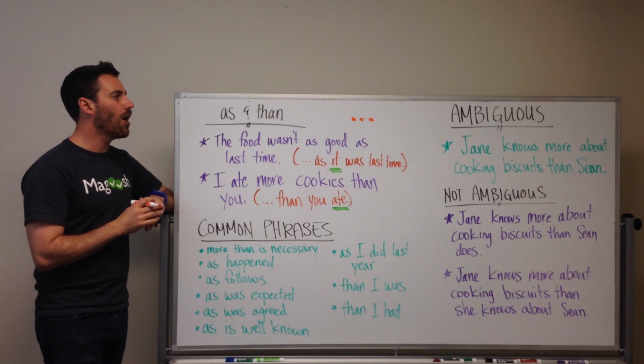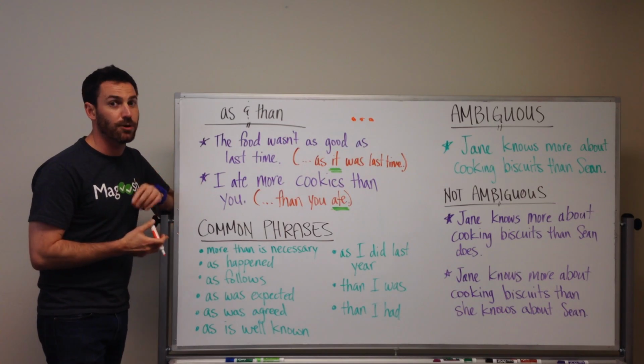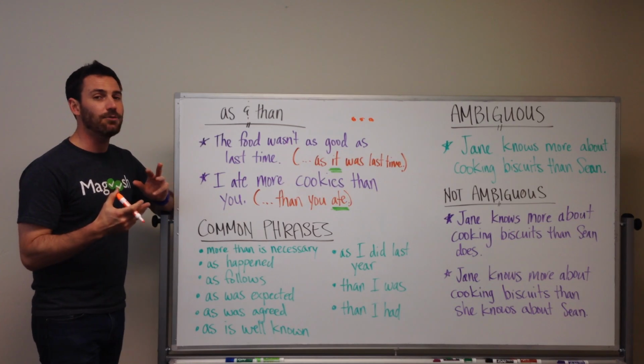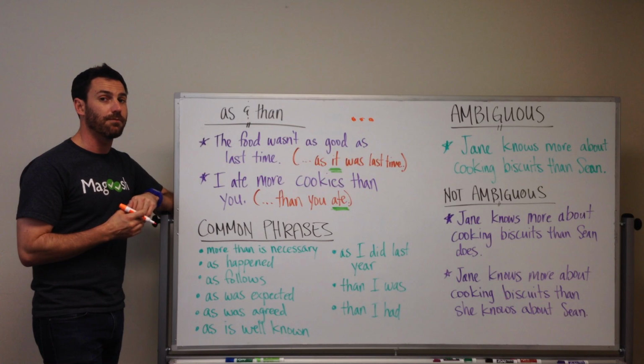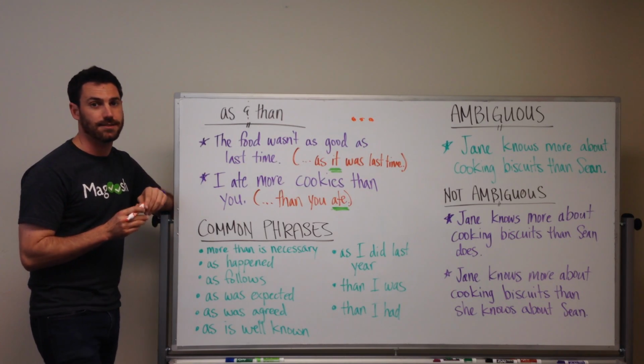Well, this is a similar concept. Both come from the Greek word for omission. And so what we're talking about here with comparisons is when we can drop either a subject or a verb from a phrase or clause without losing any information in the sentence.